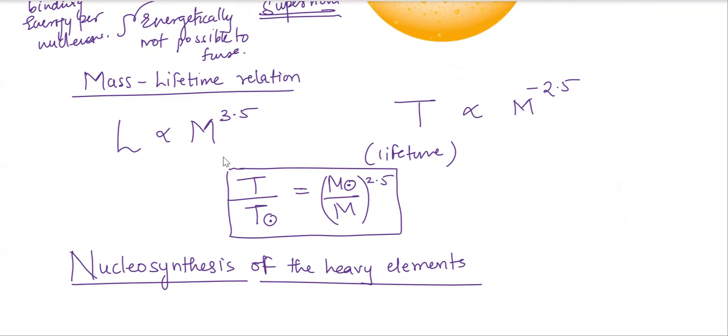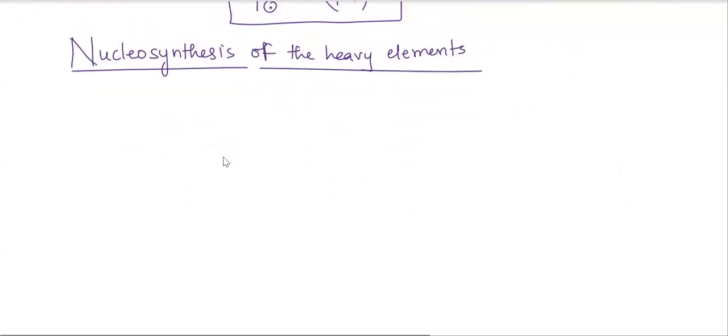So the question was, what is the process that makes the heavier elements? The process is called nucleosynthesis. In this process, the answer is neutron capture. So what is neutron capture?